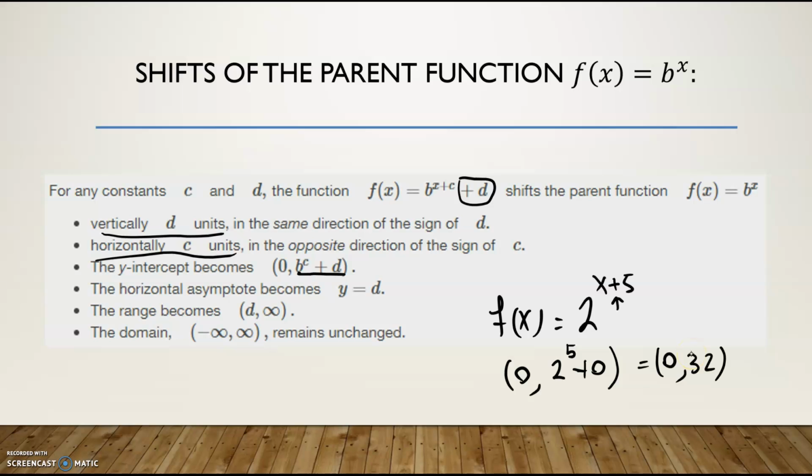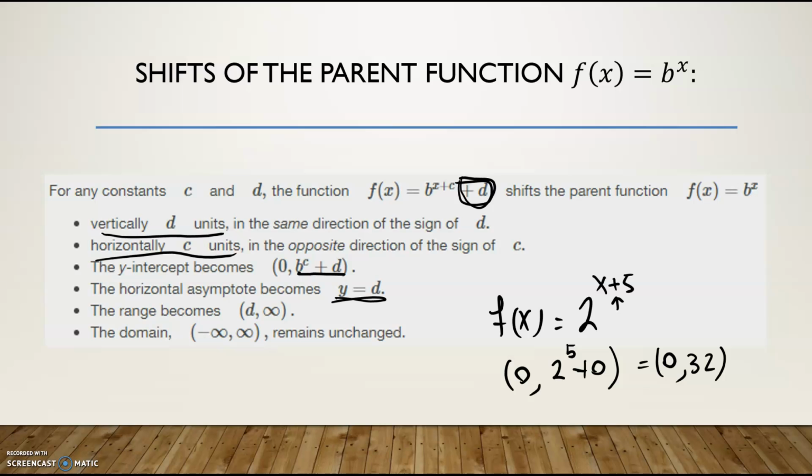Now the horizontal asymptote becomes y equals d. Whatever this value is, that's going to be your horizontal asymptote. Now your range starts at d and goes to infinity, and your domain doesn't change because it's already including all the real numbers. If you shift it left, right, up or down, it's not going to affect it. It's just going to be all real numbers.